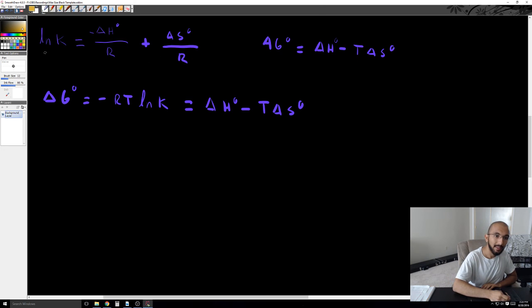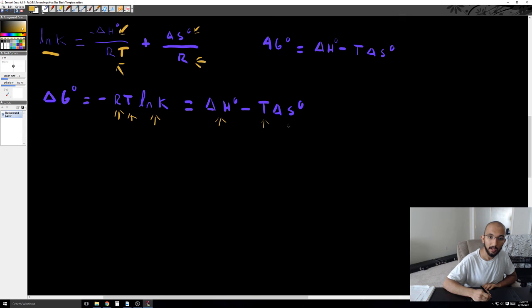We want ln K, delta H, R, delta S, and R here. Well, we have R, and this is supposed to be RT. We also have T, we have ln K, we have delta H, here's T again, and we have a delta S. So it looks like we have all the components we want for the Van 't Hoff equation. Now we just need to be clever and find a way to manipulate this into standard form.